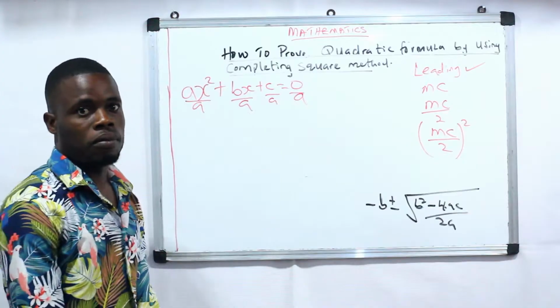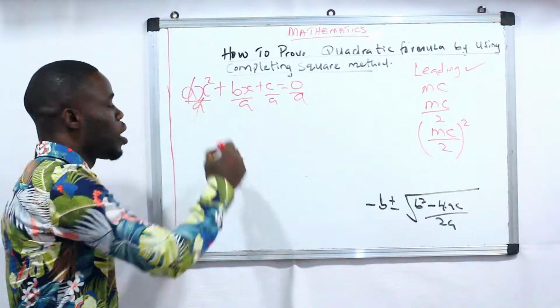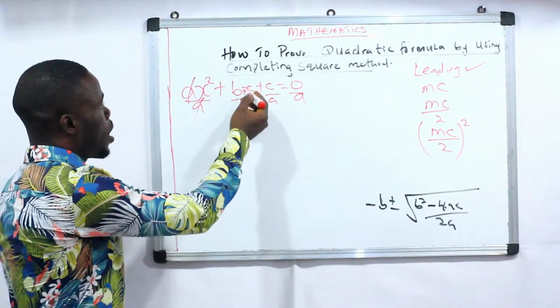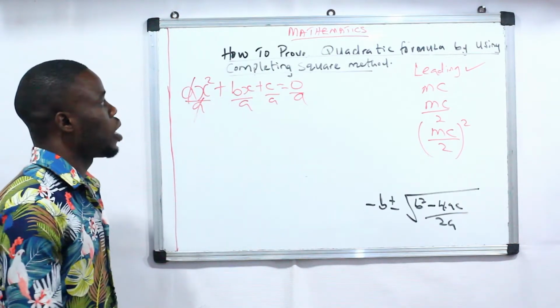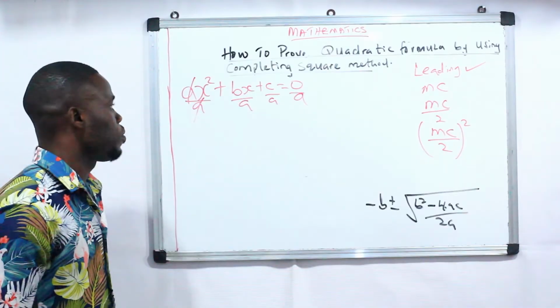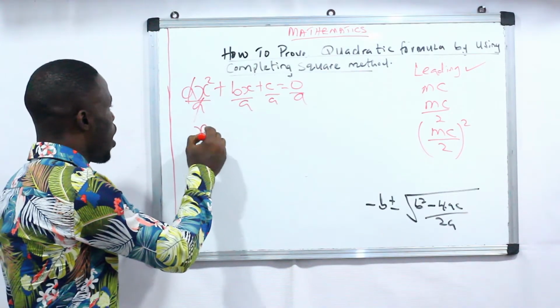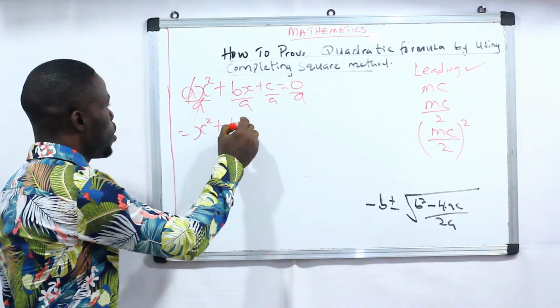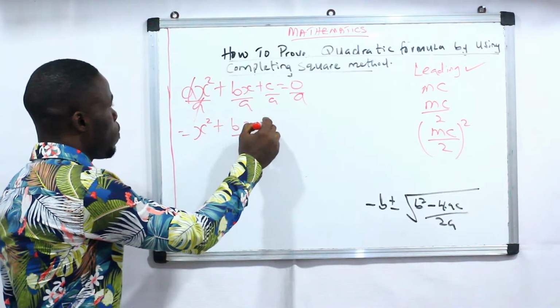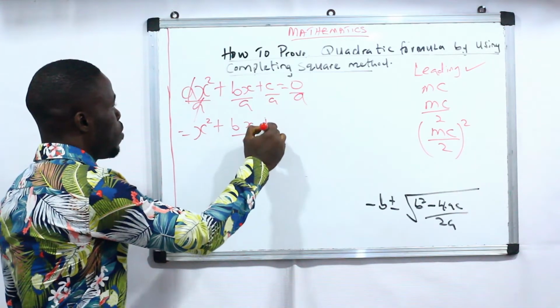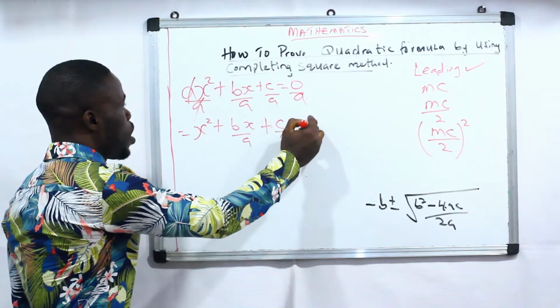That is the first step. I'm going to cancel a because a can go into a, but a cannot go into b, neither x, a cannot go into c, a cannot go into 0. Therefore, we now have x squared plus bx over a plus c over a equals 0 over a.